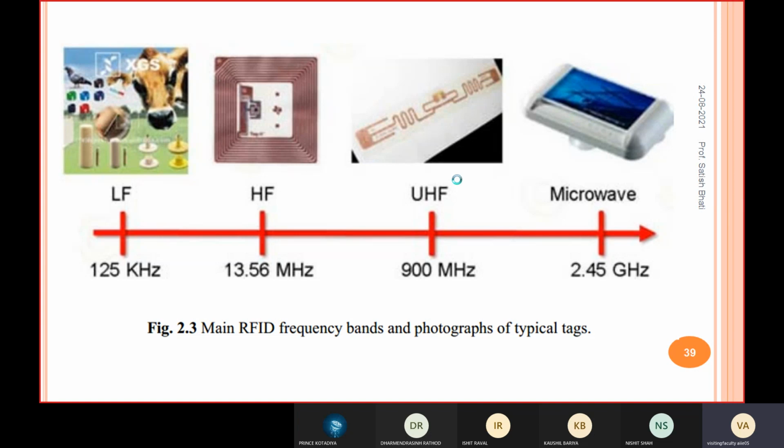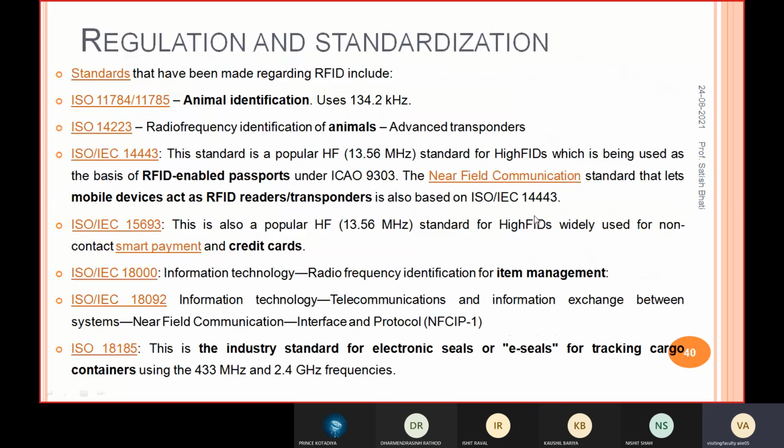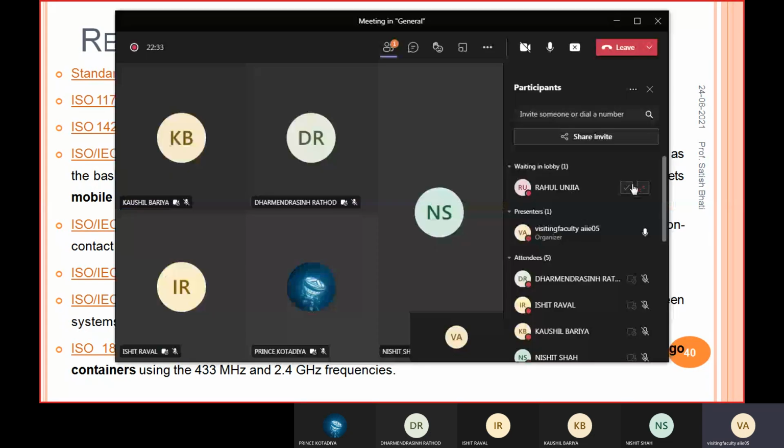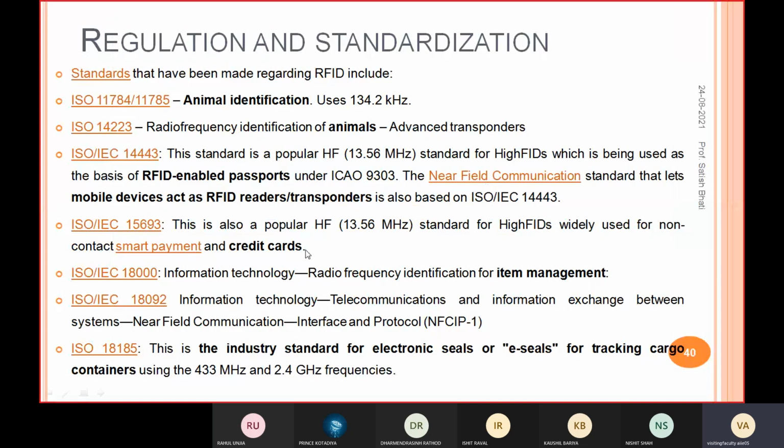Okay, now what about the standards, or we can say the regulation and standardization? We know that in RFID we are using radio frequency. In the tag we have a circuit, the memory, and an antenna.